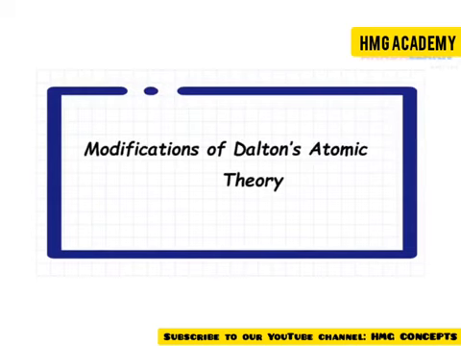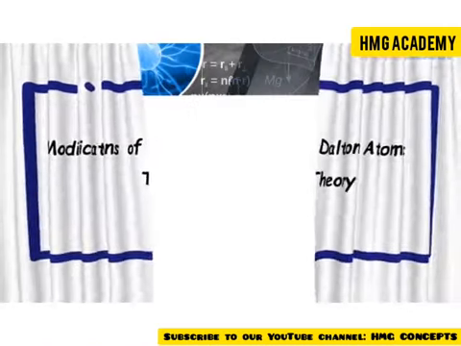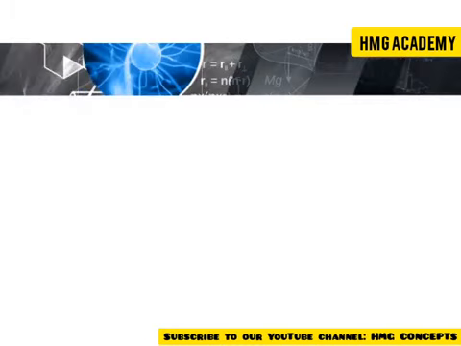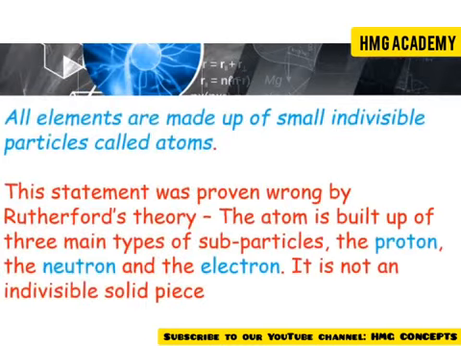So, let's take a look at the modifications of Dalton's atomic theory. The statement where John Dalton said all elements are made up of small indivisible particles called atoms has been proven to be wrong.